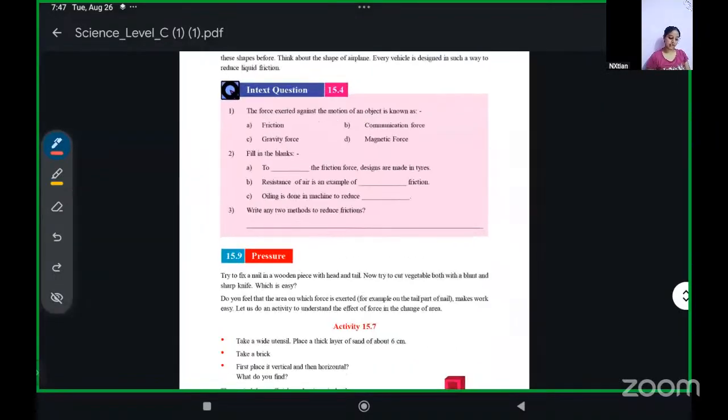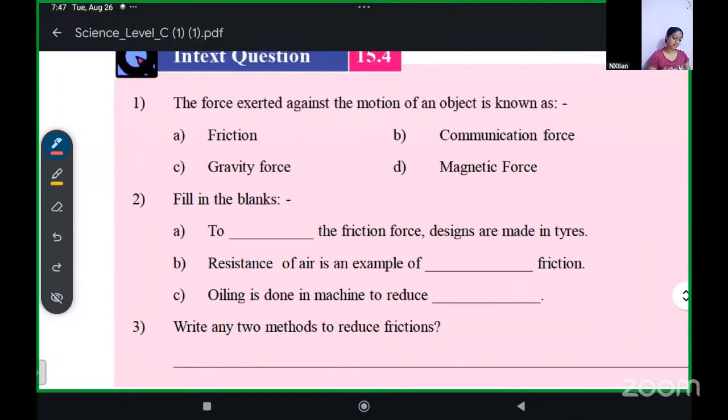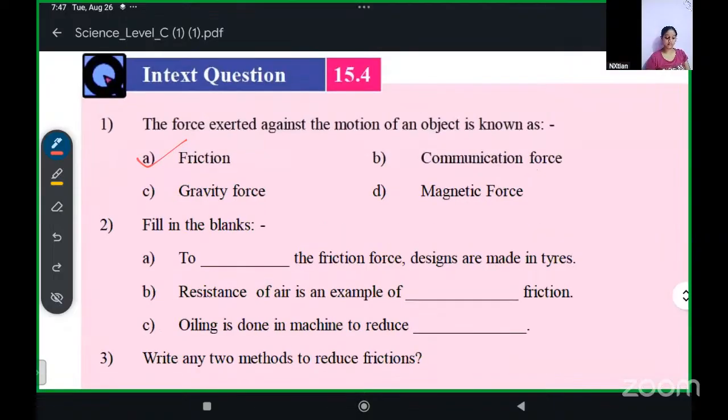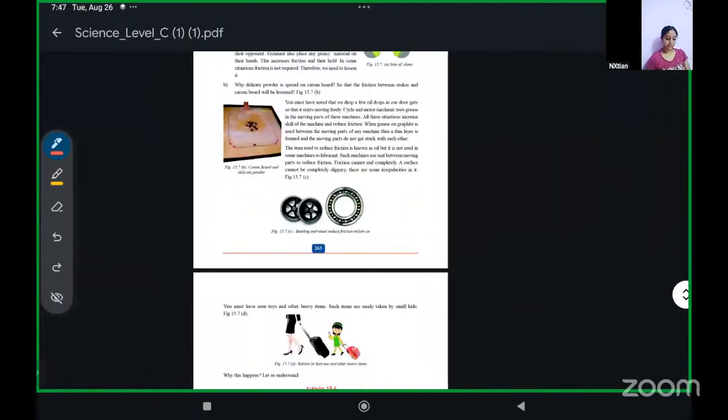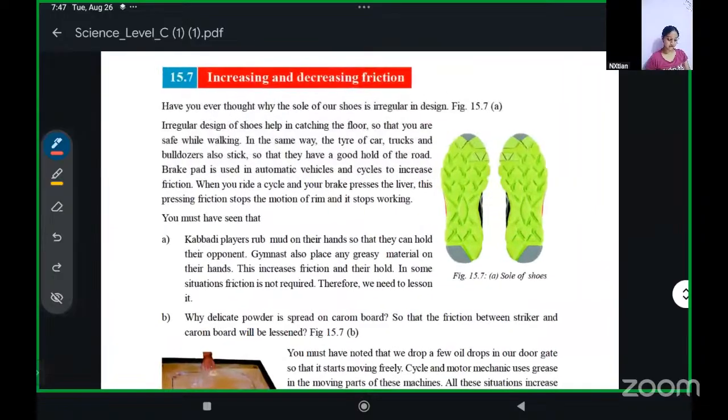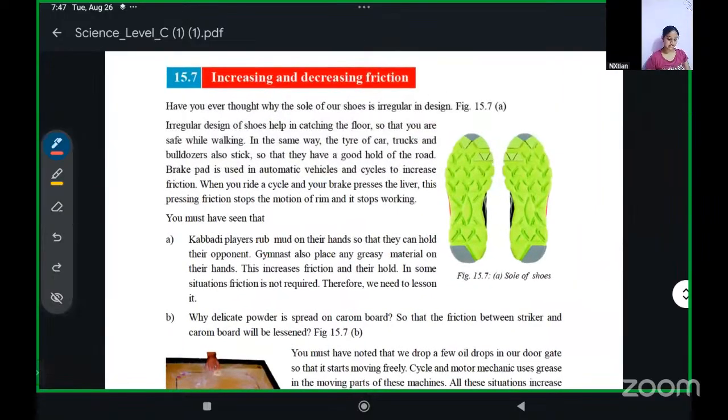Next one. To increase friction force, designs are made in tires.